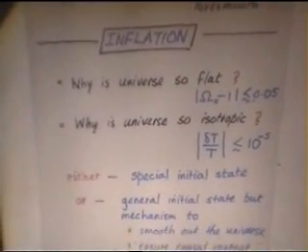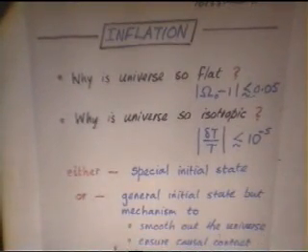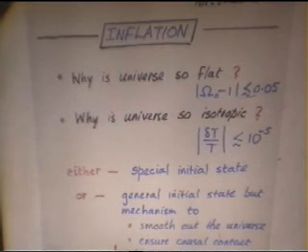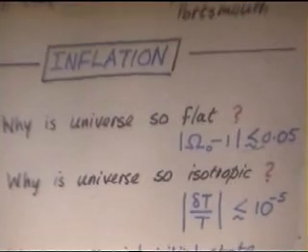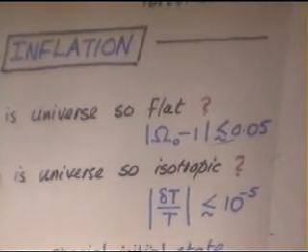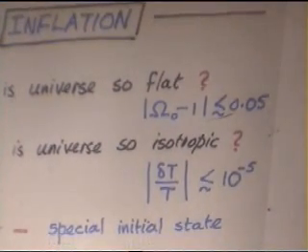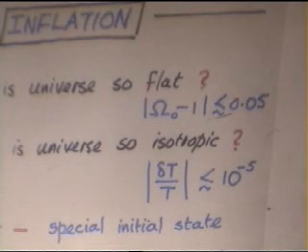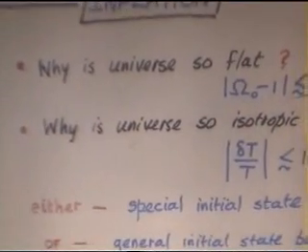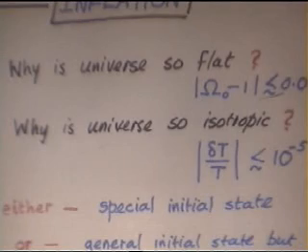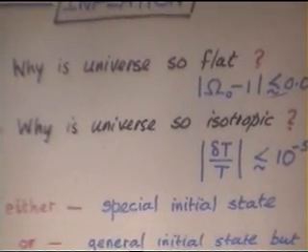First of all, we could ask the question, why is the universe so flat? The data from WMAP and the Galaxy surveys and the supernovae observations tell us that the deviation of the total density parameter from 1 is bounded to be less than or of the order of 0.05, which means that the universe is very close to a flat model. And that's a very surprising result, as we'll see in a bit more detail later on. It's something that needs some kind of explanation and accounting for.